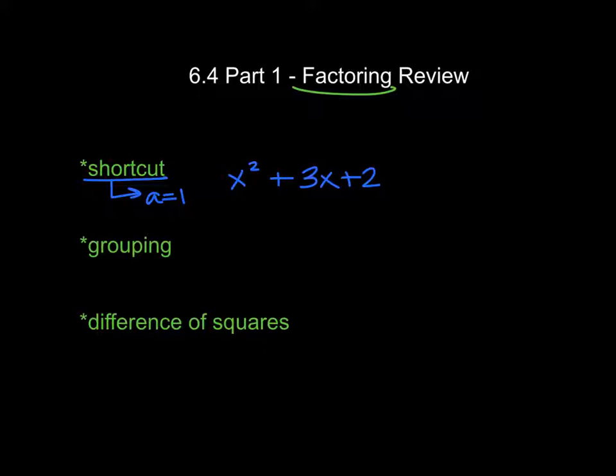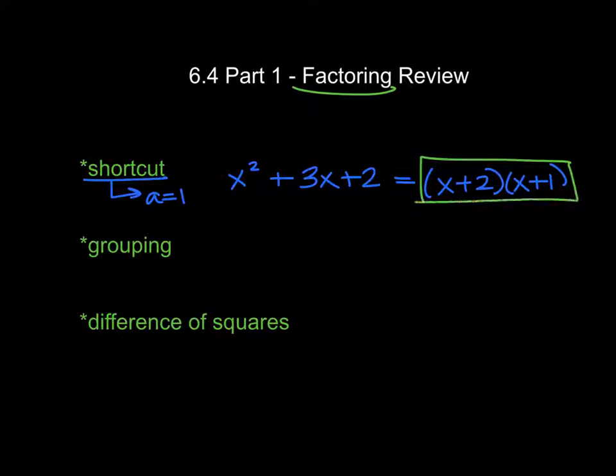This would be a polynomial that would work for a shortcut method. And to factor that, I'm going to talk more about how to do that, but the factoring is going to give us an answer that looks like x plus 2, x plus 1. So that right there would be your factored answer.